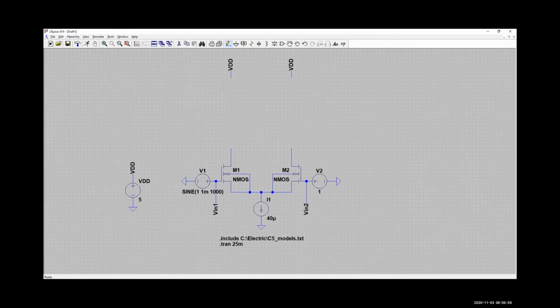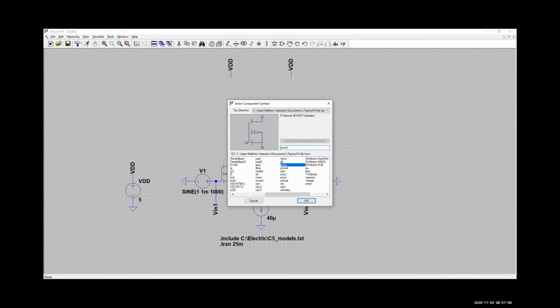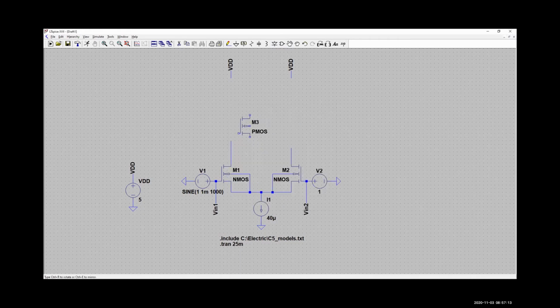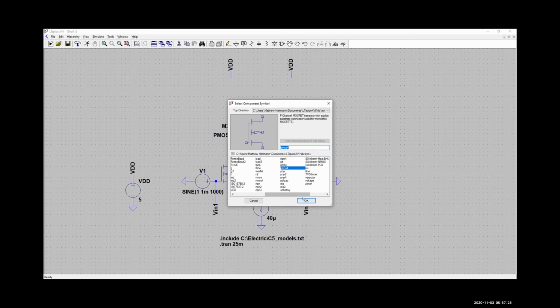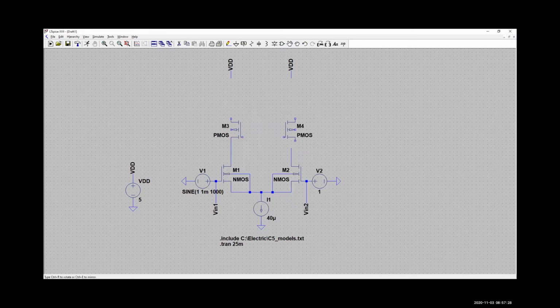All right, PMOS 4, and I'm going to hit Control E. There's M4.